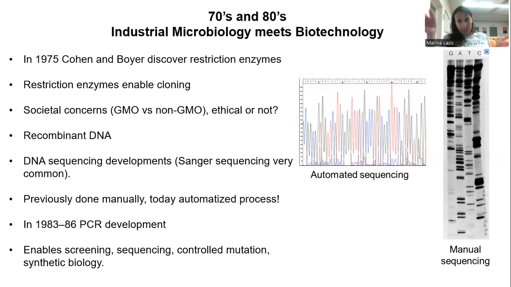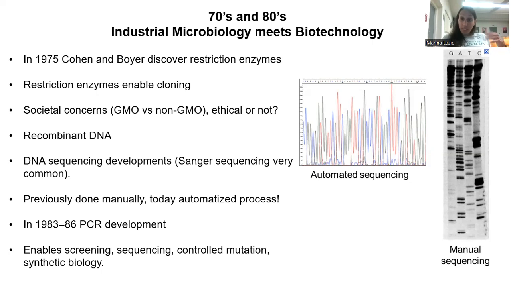Previously, sequencing was done manually. I heard stories, I never did it, but I know that people were doing it, and I heard it was extremely expensive. Today, that's an automated process. You can get the sequence of a whole genome in a few hours, depending on when you send it.